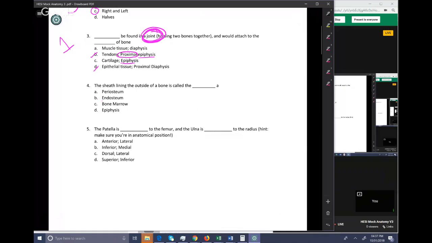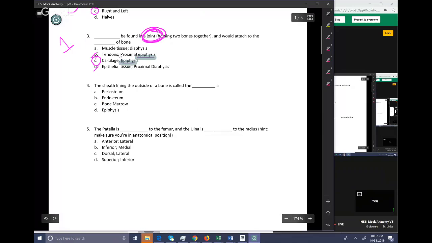I don't know if this is the knee against the femur or the hip against the femur. I don't even know what bone we're talking about. So if I don't have that kind of info, it could very well attach to either of the epiphysis. Every bone has two different epiphysis because it's got two different ends. So I know that I can't answer the one remaining possibility, which is this one here.